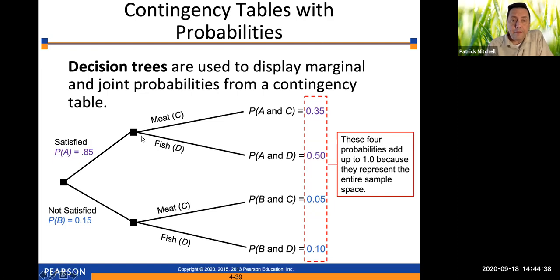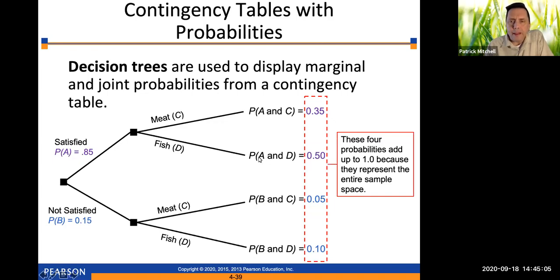Now, if the person was satisfied, then the probability that they ordered meat is, okay, they didn't fill in that part. But what they have over here is the probability A and C, probability they were satisfied and they ordered meat is 0.35.